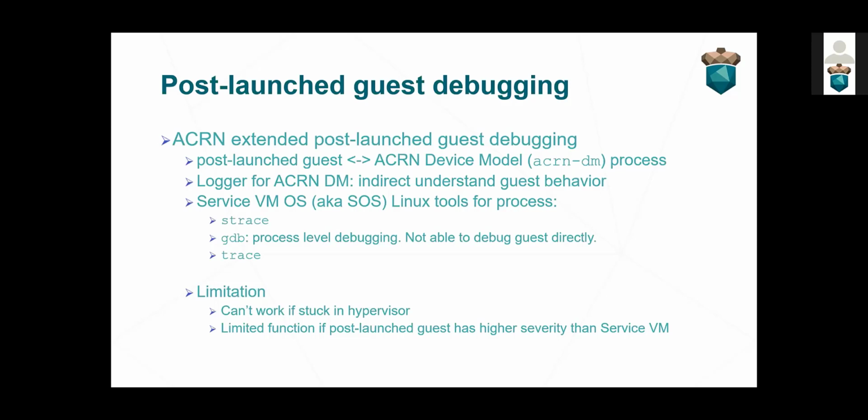Because to achieve that, we need to add some hypercalls to pull in all the guest status, like the vCPU status or the memory status, and then we transmit that information to the ACRN DM. Then we check that through the GDB. That still needs adding some code to the ACRN hypervisor. Yeah, so we just don't add it.